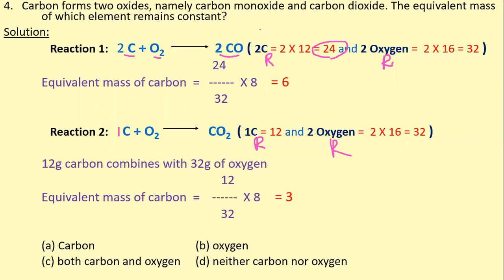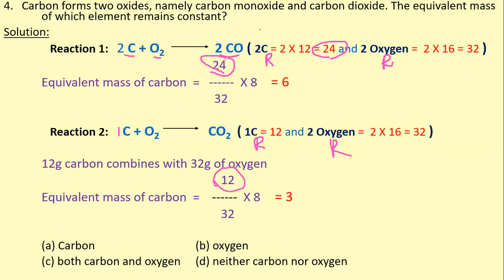See, on comparing reaction 1 and reaction 2, you can tell that the moles of oxygen remain the same. Here you see carbon in reaction 1 it is 24, whereas in reaction 2 it is 12.